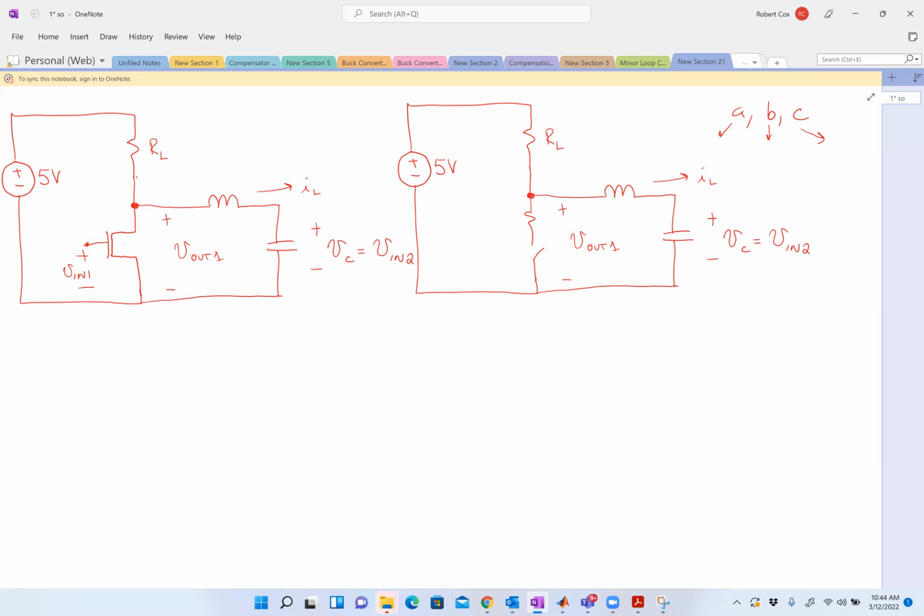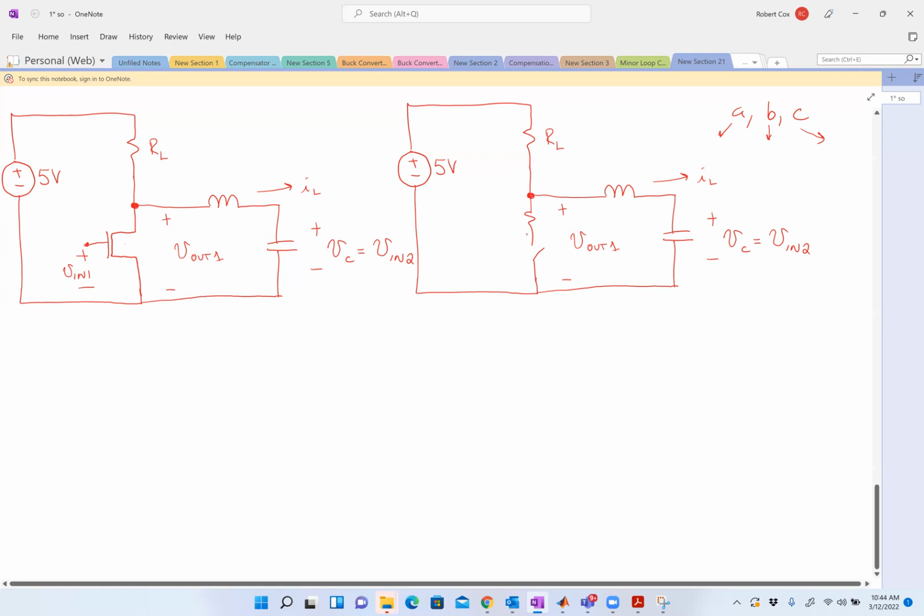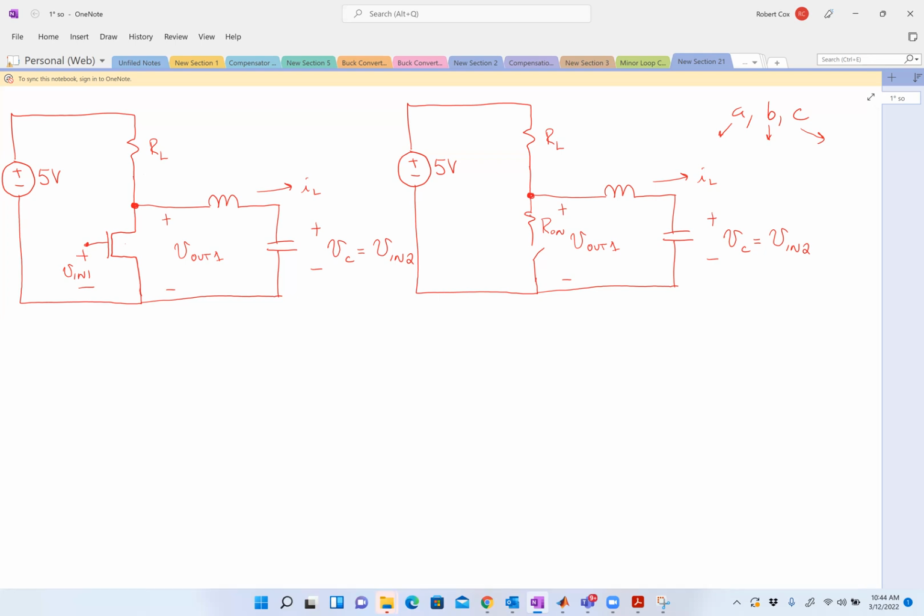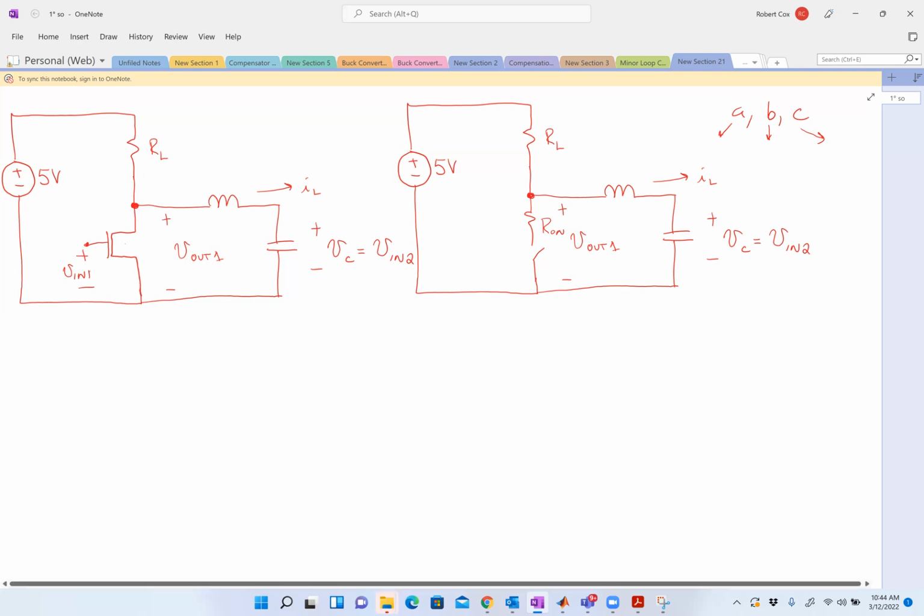This transistor can be modeled as this combination of this resistor here, R on, and a switch. If I look at parts B and C, in part B, I make the statement that assume VN1 has been low for a long time.